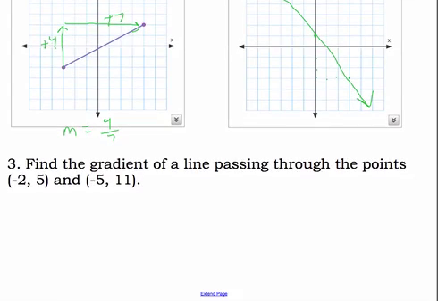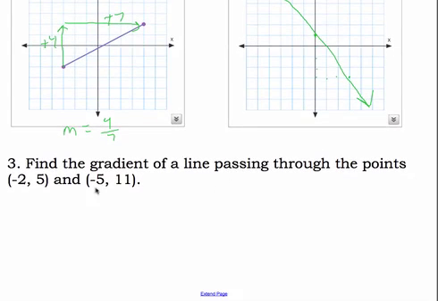We're going to find the gradient of the line passing through these 2 points, and we can use the formula slope equals y2 minus y1 out of x2 minus x1. We can pick either point for y1, x1, but make sure you're consistent with your coordinates.